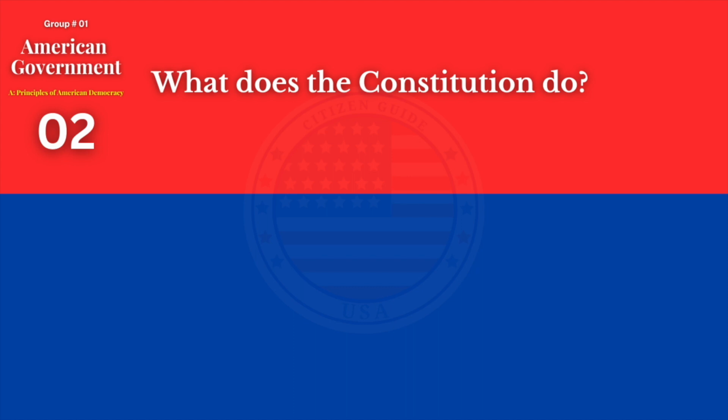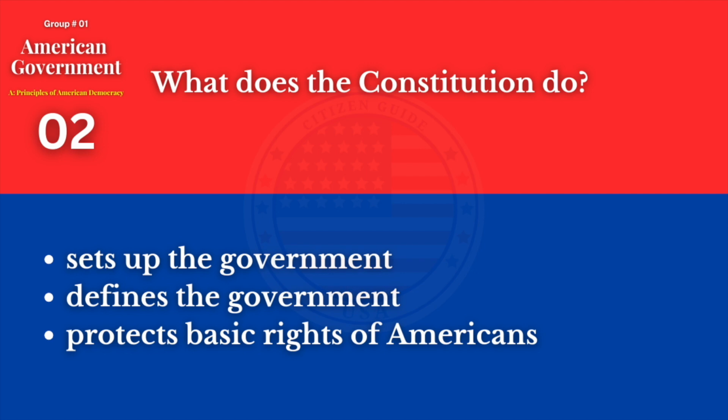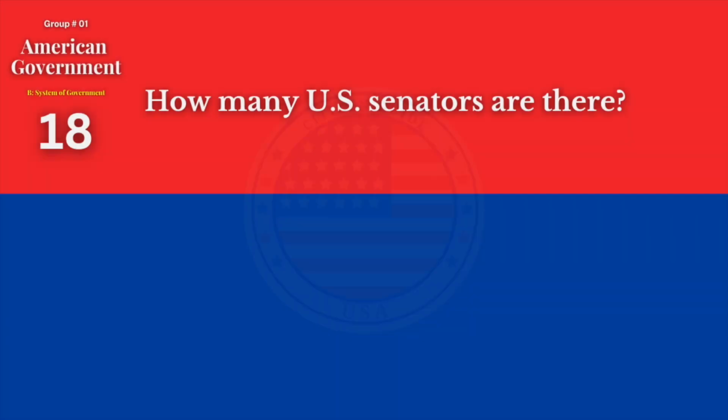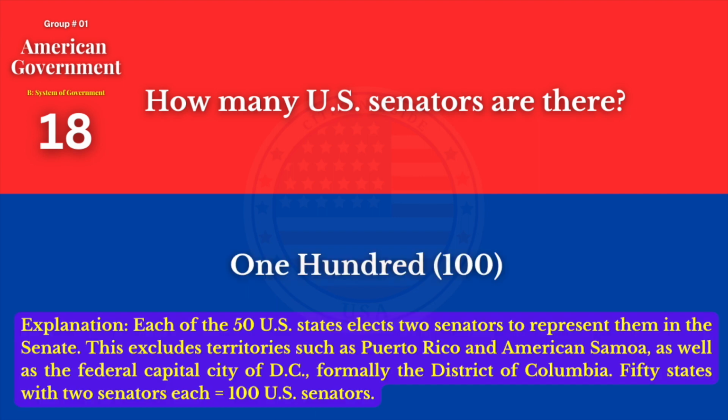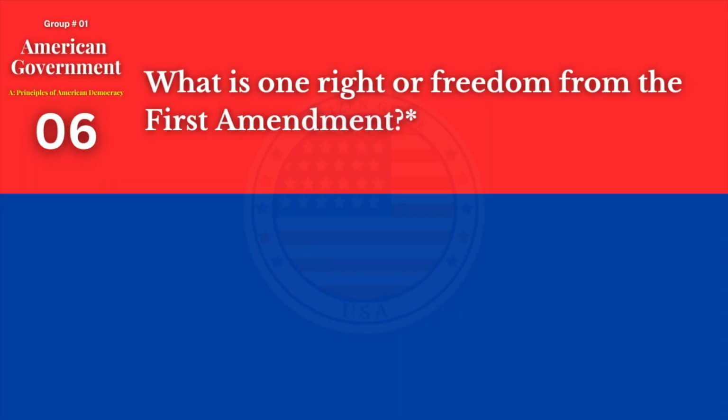What does the Constitution do? Sets up the government. How many U.S. senators are there? 100. What is one right or freedom from the First Amendment?